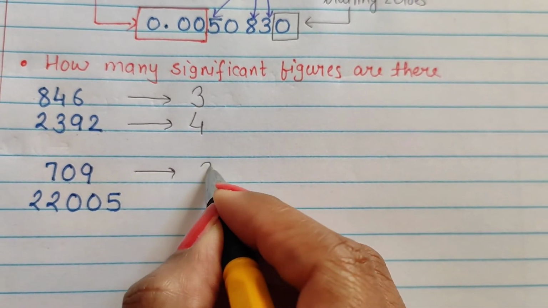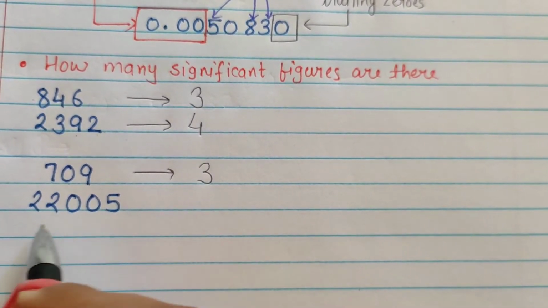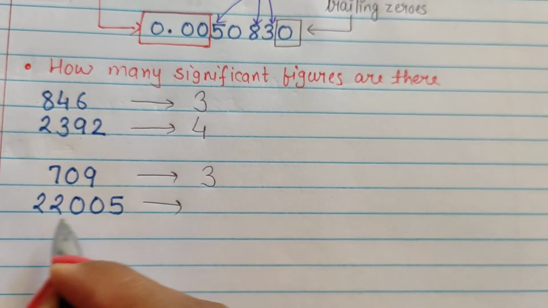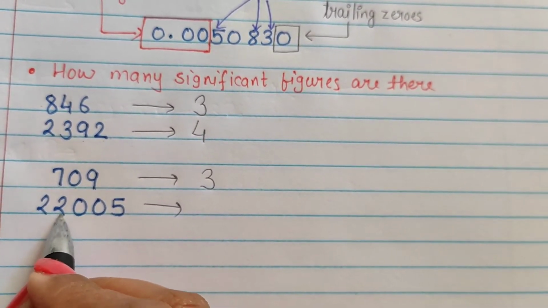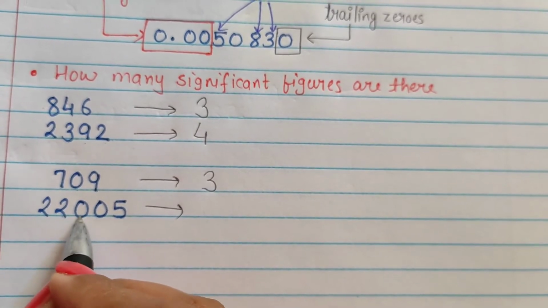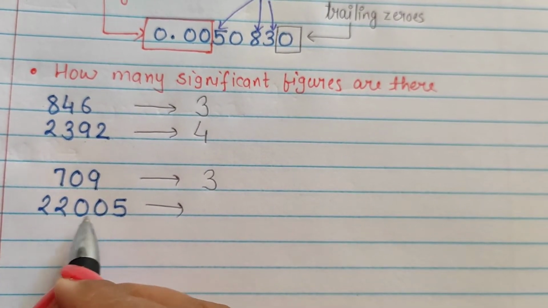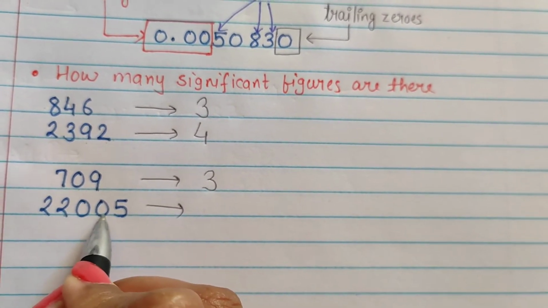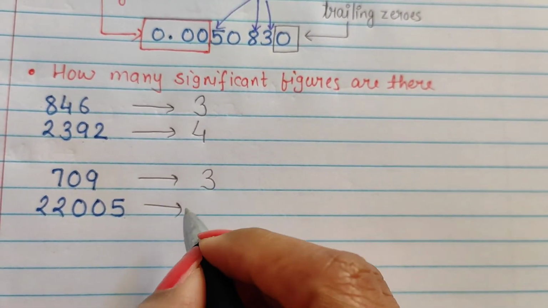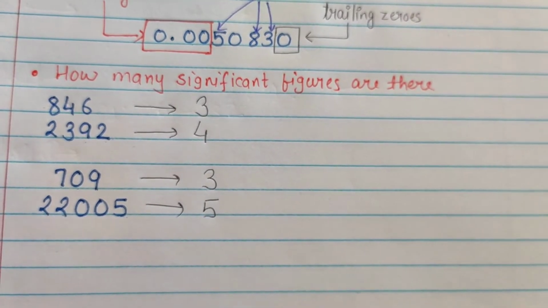So you have 3 significant figures. The next one, again the same. These 2 zeros are between 2 non-zero numbers, so these are significant figures, okay? First, second, third, fourth and fifth. That means there are 5 significant figures.